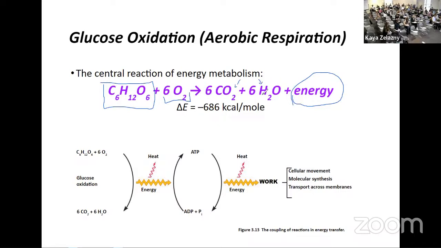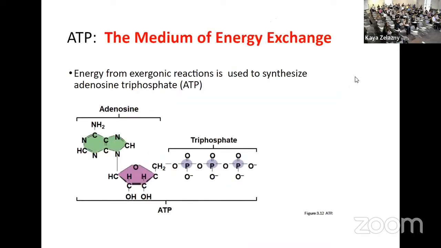So we're turning glucose into a lot of energy. We're making byproducts, carbon dioxide and water, and we need to put in oxygen. Energy that is usable by the cell at the end of this process comes in the form of ATP.